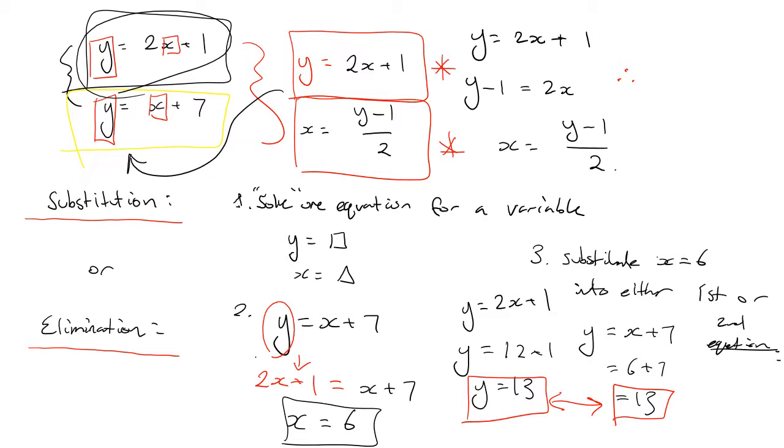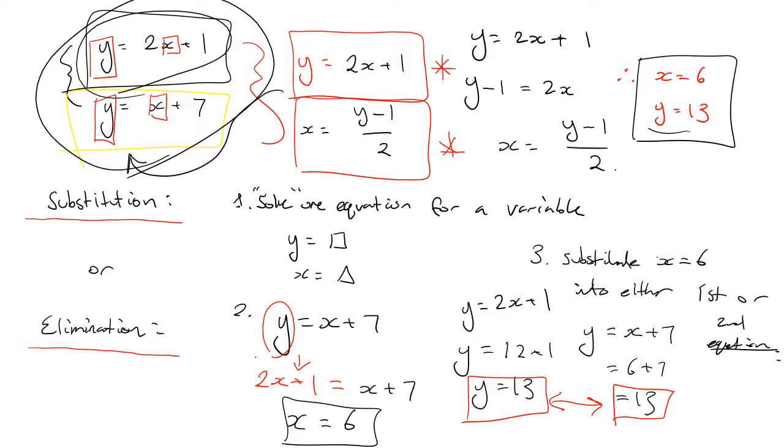Therefore, the solution to the two simultaneous equations are x equals 6 and y equals 13. So x equals 6 and y equals 13 satisfies both of these equations when you substitute these values into the equation.